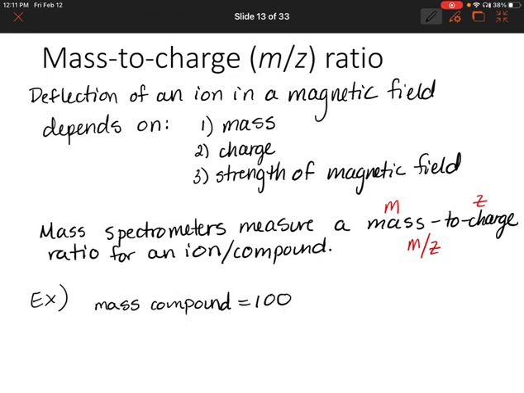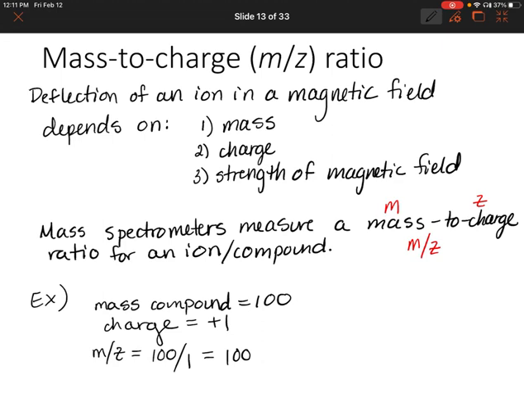And let's say you ionize the sample in the mass spectrometer and its charge is +1. Then the mass to charge ratio would be 100 over 1, which is just 100.